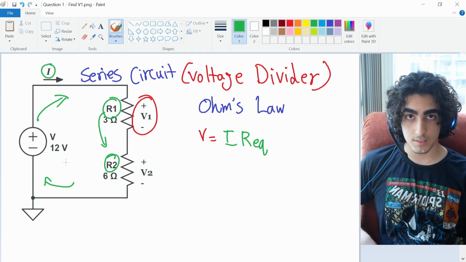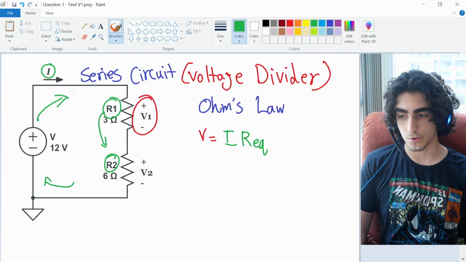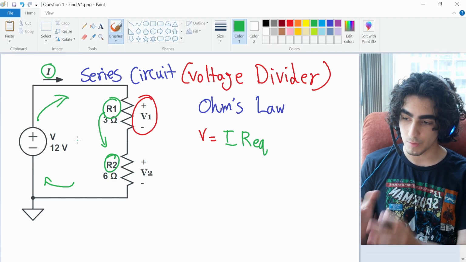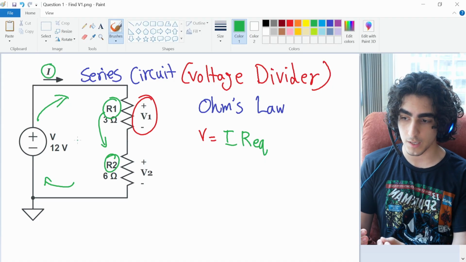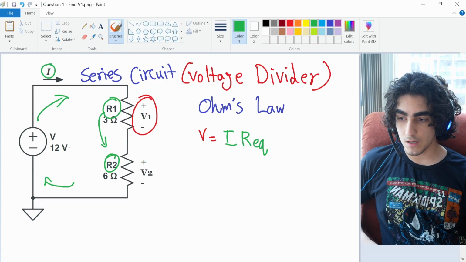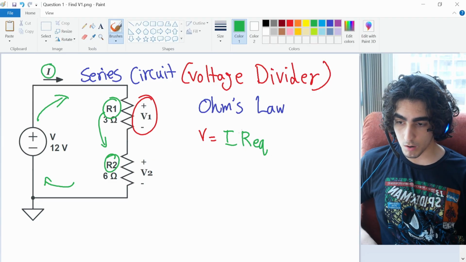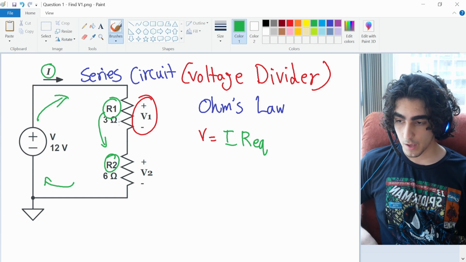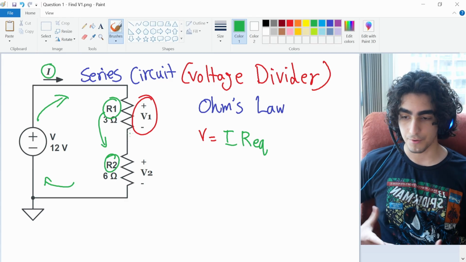You can think about it as the total resistance in a circuit. But more specifically, it's a value that represents all the resistors in a circuit in basically one value, without changing any of the functionality of the circuit. So our equivalent resistance is going to represent R1 and R2 together.